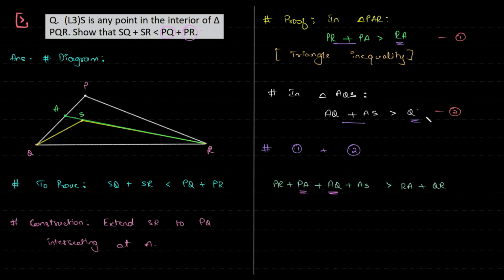Sorry, I wrote this wrong. This is SQ, and this is also going to be SQ. We have SQ. What we don't have is SR, right? So this term is used, this term is used, this is not used, and here we need SR.